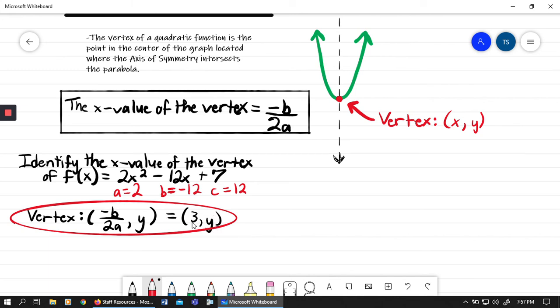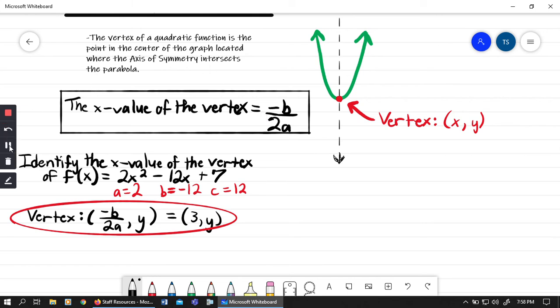It's not too much of a stretch for someone to ask you to evaluate this function and find the y value of the vertex if you've already figured out the x value. So remember that you can find the y value of the vertex.